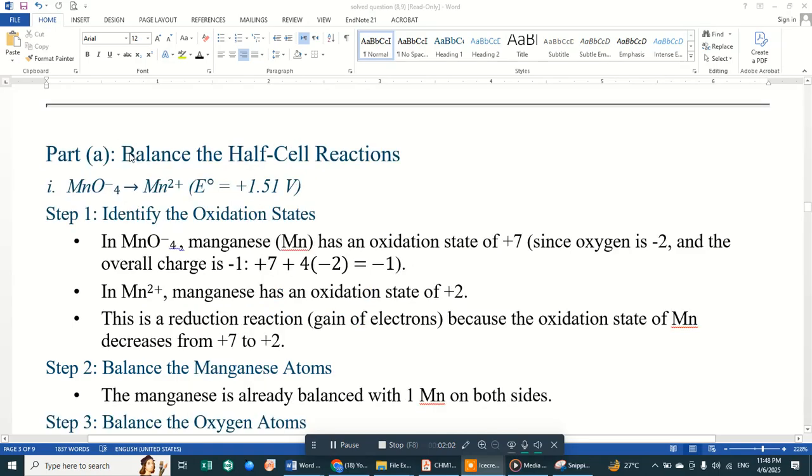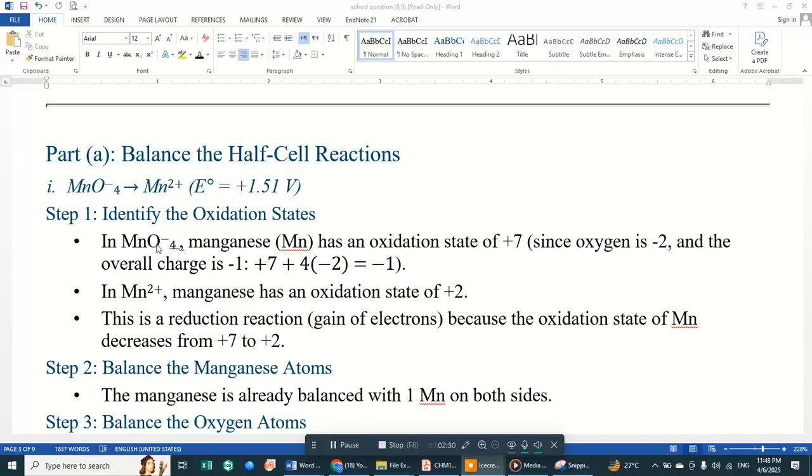First of all, before balancing equations, you should know well about the charges, in other words, oxidation states. What is the oxidation state of manganese in the permanganate ion?